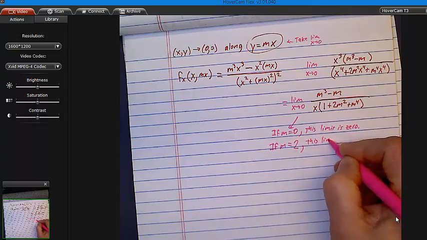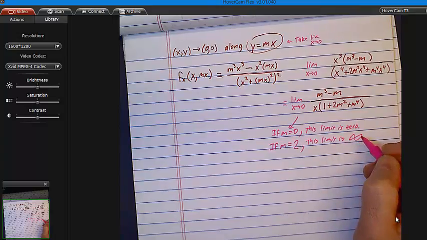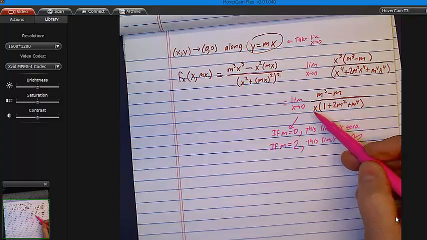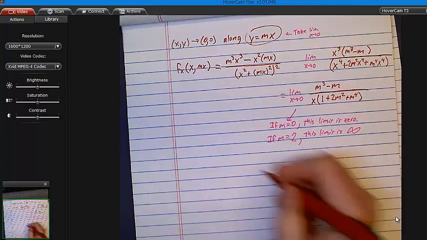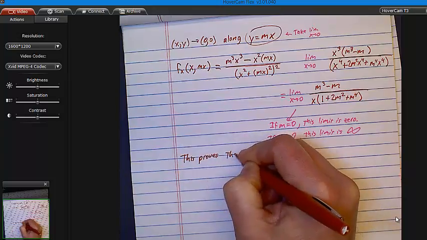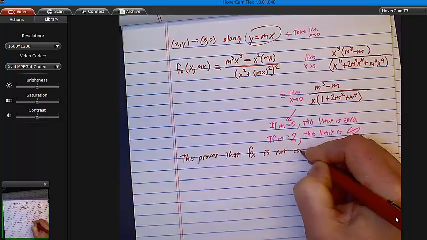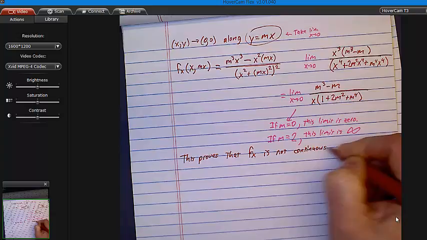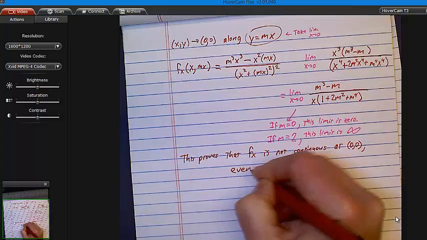This limit is infinity. Does that make sense to you guys? Because as the denominator gets close to 0, the number gets huge. And so what this proves is that f of x is not continuous at (0, 0), even though it is defined.